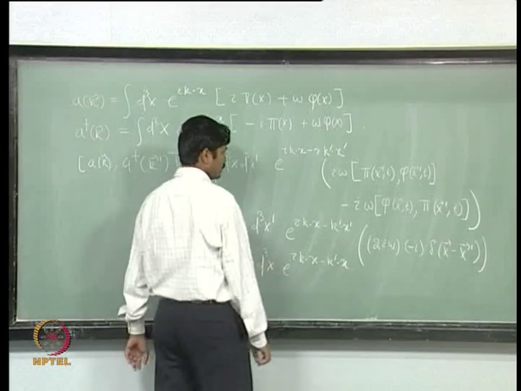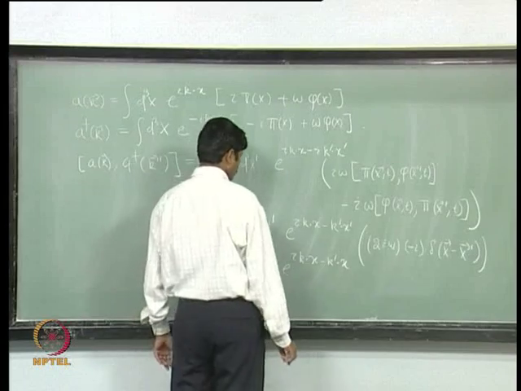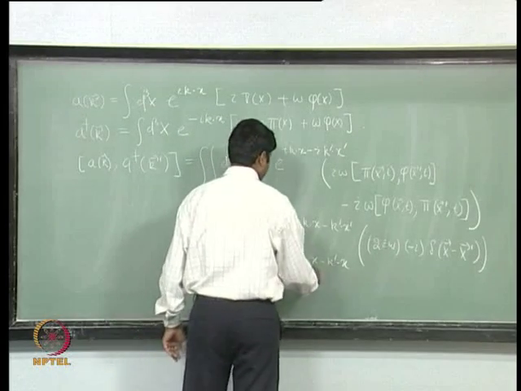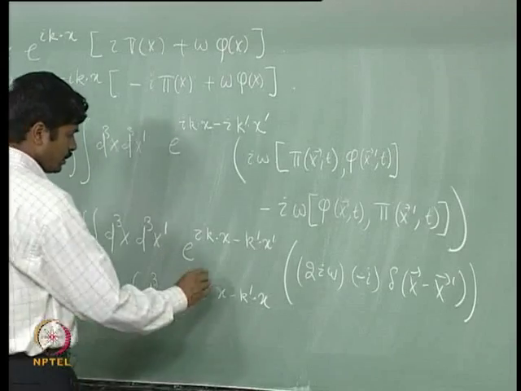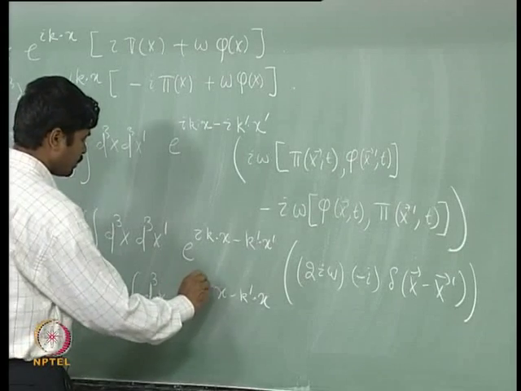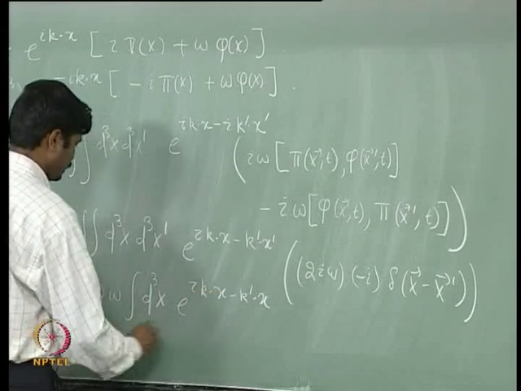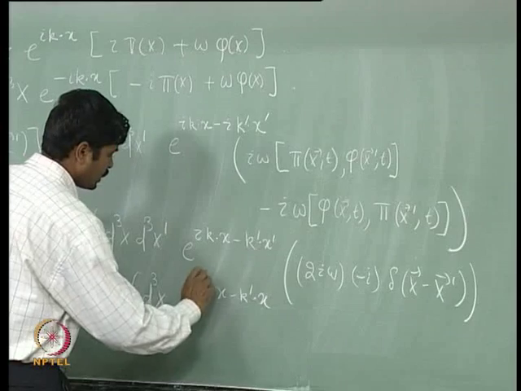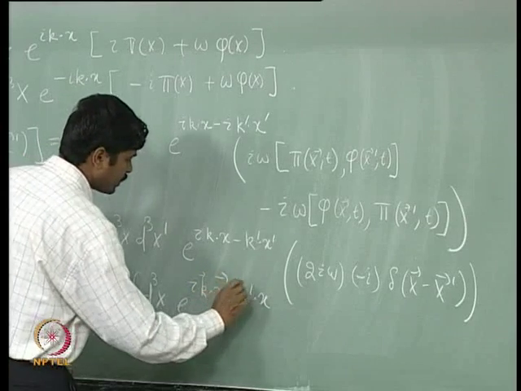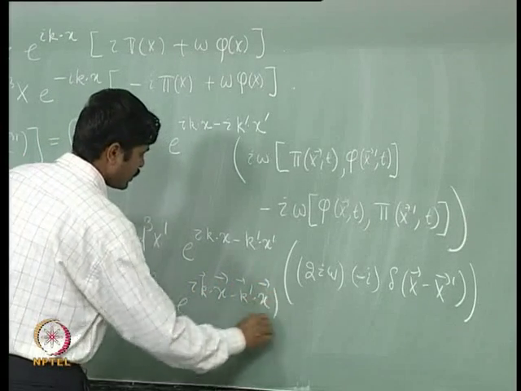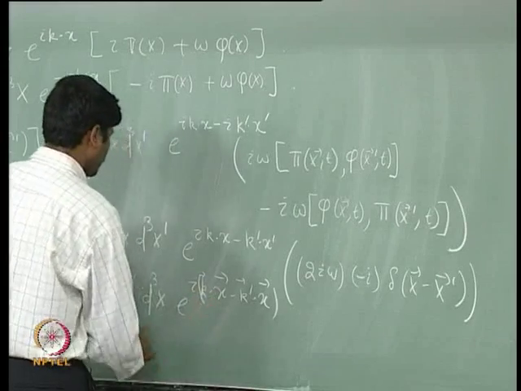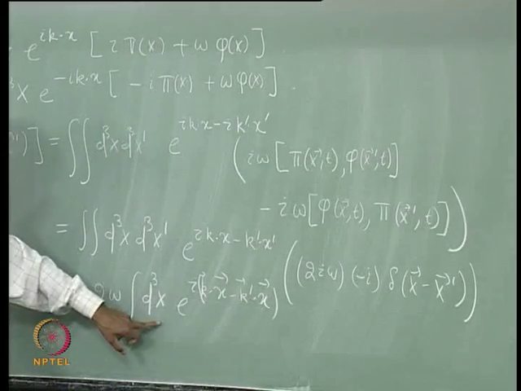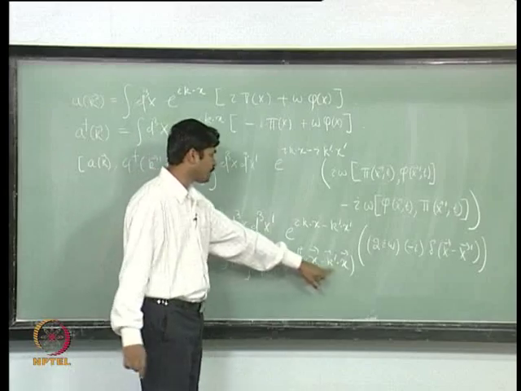Now, when I integrate this out, ultimately this becomes a 3-dimensional integration, and this will give you a (2 pi) cube delta(k minus k prime).